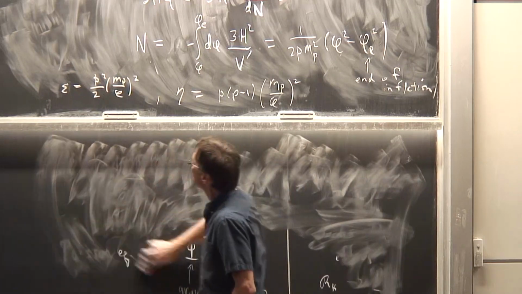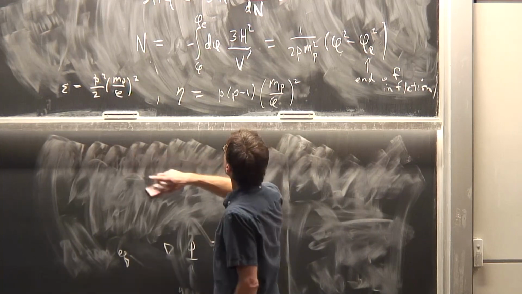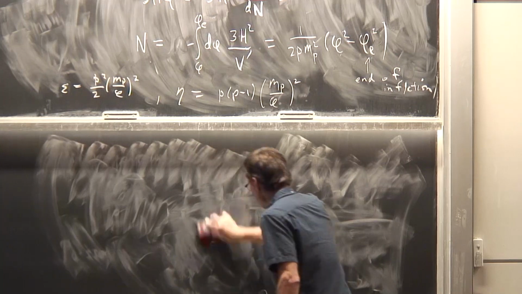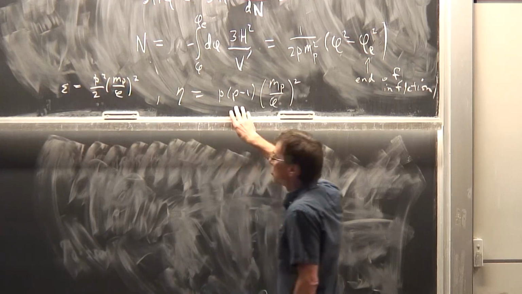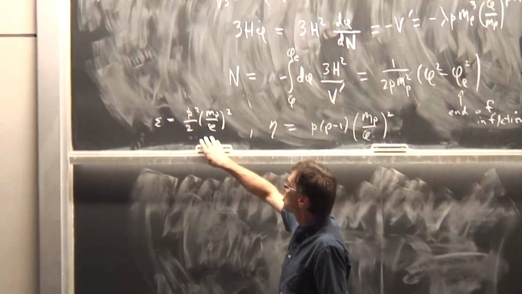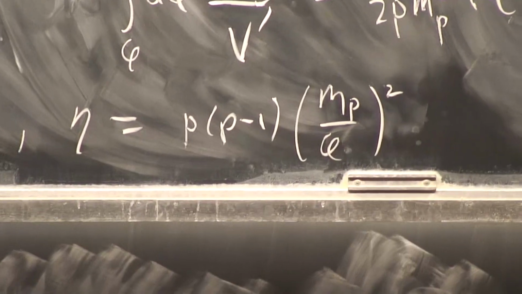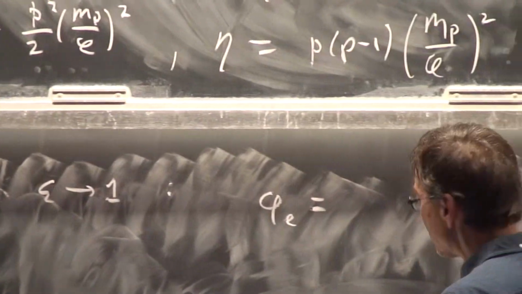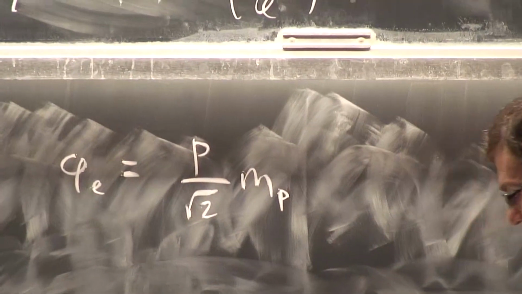And so if you look at those, you'll see that typically, it's not so obvious, but for most cases of interest, eta becomes bigger a little bit before epsilon does. So usually end of inflation is controlled by epsilon going to 1. And so that tells you that the end of inflation is at p over root 2 times m Planck.